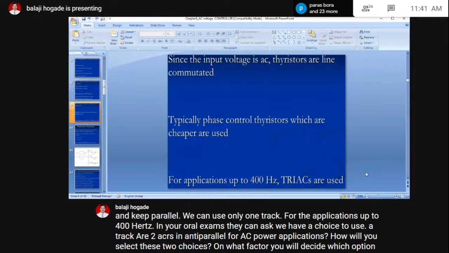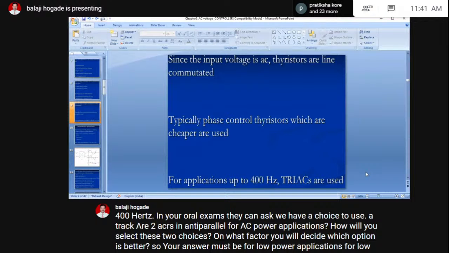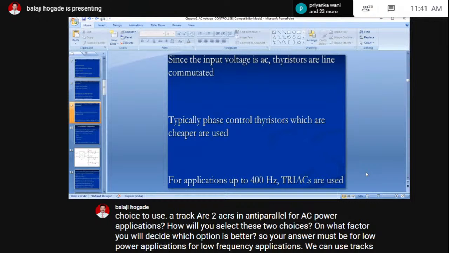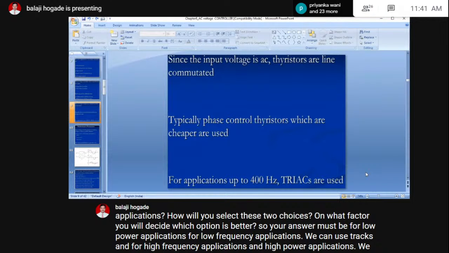So your answer must be for low power applications, for low frequency applications, we can use triacs, and for high frequency applications and high power applications, we can use two SCRs connected in anti-parallel. Both the combinations are used in AC voltage controllers.